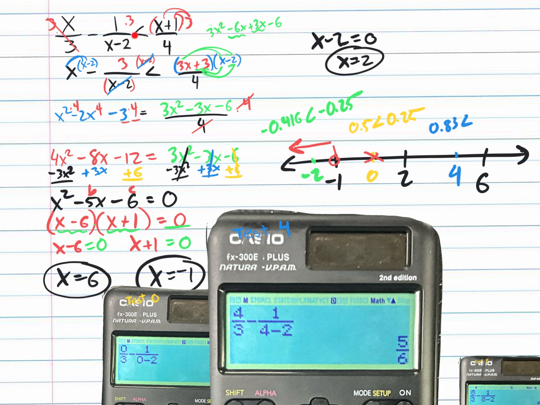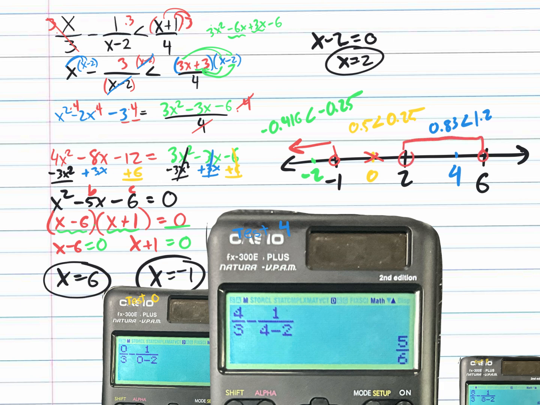Why less than? Because there's a less than there. And then type in the 4 right here. 4 plus 1 is 5. 5 over 4 is 5/4, and that's 1.2 as an answer. So if I put the 1.2 on this side, is that a true statement? Is 0.83 less than 1.2? The answer is yes. So that means that my answer is also in between the 2 and the 6.